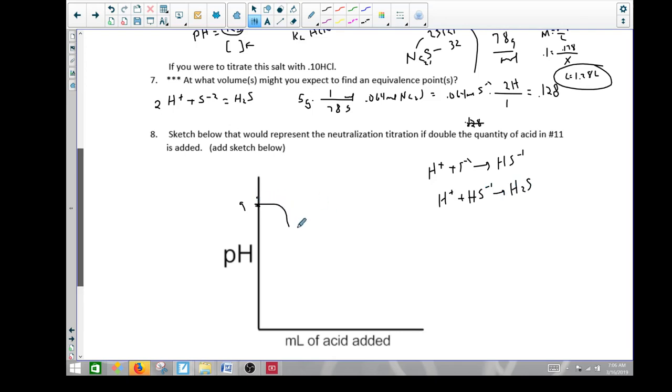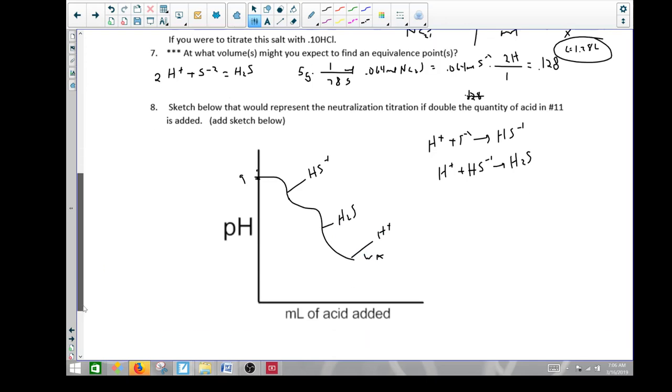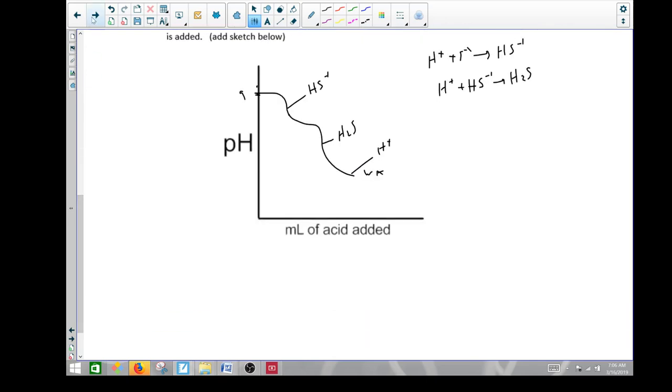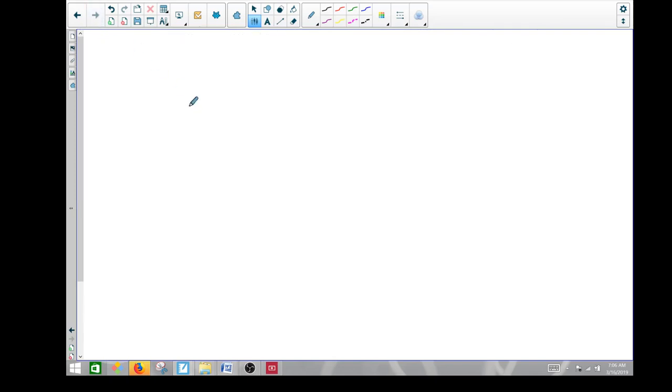It should look something like this, ending in a weak acid. Two equivalence points. At this point, the only thing present is HS-. Right here, the only thing present is H2S, and we're getting excess H+ ions, causing our pH to go down. And we are done.